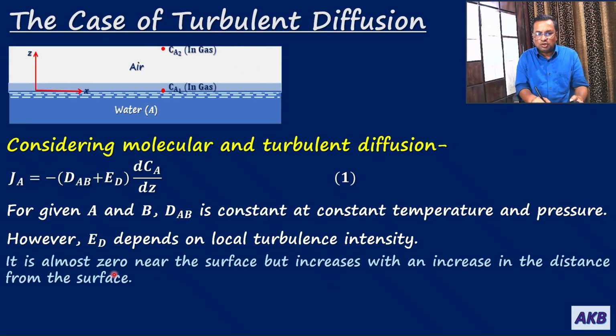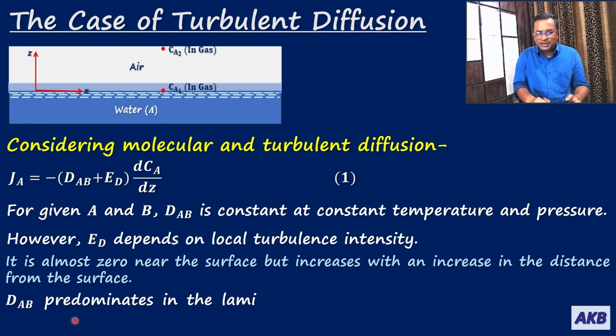It is almost zero near the surface, but as you move away from the surface, it increases with an increase in the distance from the surface. So as you move away from the surface, ED will come into picture, whereas when you are at the surface, ED is zero.